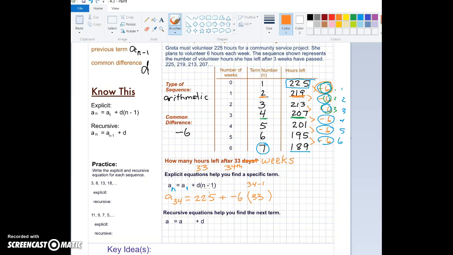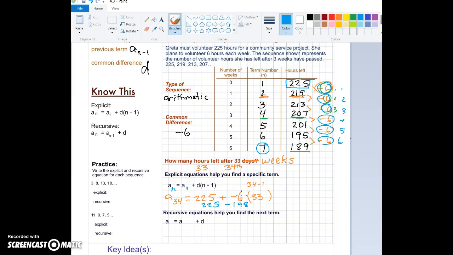Go ahead and pull out your calculator and figure out what that is. Okay, so I took my -6 and multiplied by 33 and I got -198. So I'm going to subtract 198 from 225 because I'm adding -6 33 times.